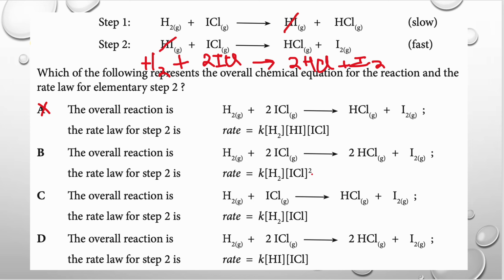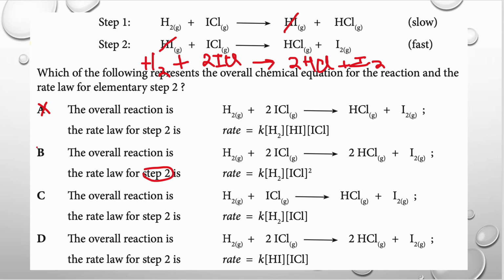And let's look at the rate law for step 2. For step 2, our rate law is dependent on hydrogen iodide, which has a, okay, so this is wrong because we don't even have hydrogen in step 2, and they're talking about step 2.